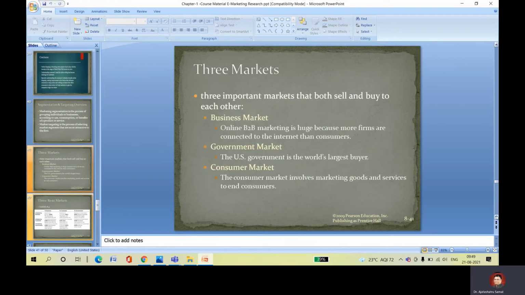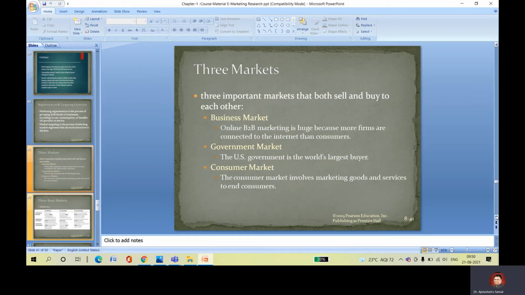There are three important markets where both selling and buying happen. One is called the business market. The online B2B market is used because more firms are connected to the internet than consumers. So here we have B2B, B2C, C2B, G2G, B2G, G2B, C2G, and G2C.